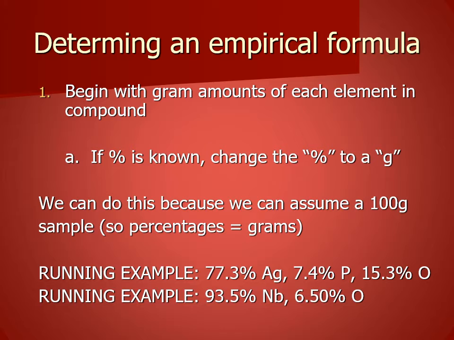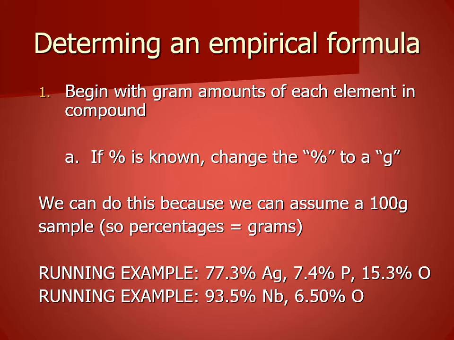If you have a percentage, no sweat. Like these are all percentages down here. They're not grams. All you have to do is change that percentage sign to a G for gram, and it works. There's no calculation necessary. So instead of saying 77.3% silver, we could say 77.3 grams of silver, and step 1 is ready to go.